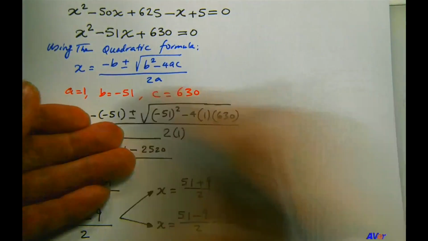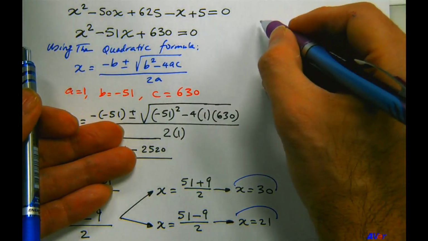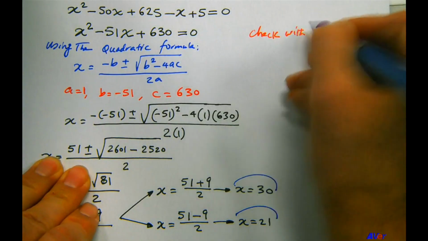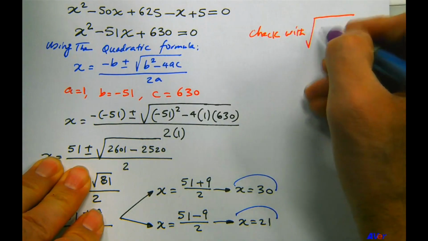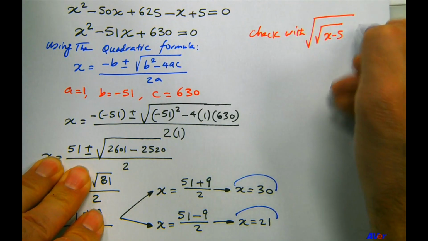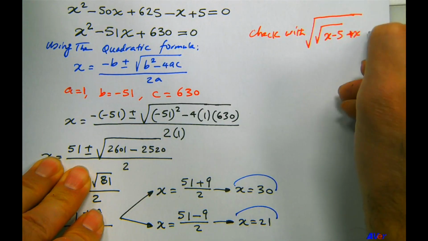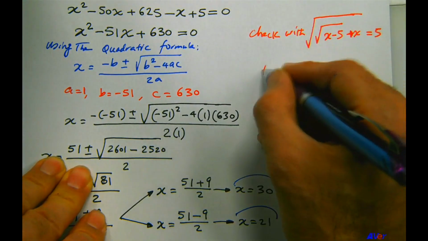So I'm going to write this here, so check with the equation that we have: square root of x minus 5 plus x equals 5. We want to plug these two numbers into that and see if the two sides are equal.